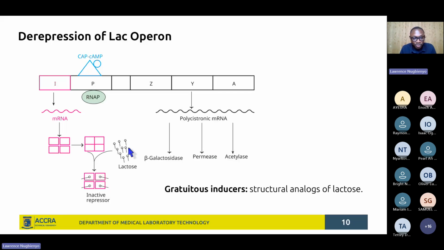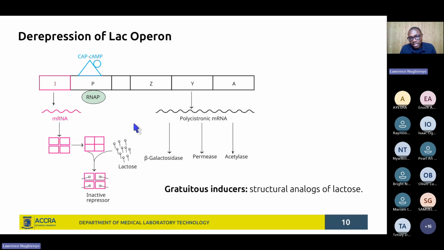And once all the lactose molecules are consumed, it means now you are going to have less concentration of lactose. And so these lactose molecules that are bound to the repressor will then dissociate away from the repressor, and the repressor goes to bind onto the operator region. That will result into the end of the process, because then it will be switching off the gene. The gene expression will stop at that moment.